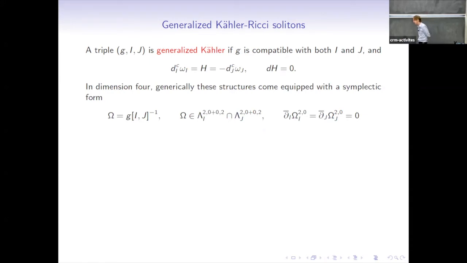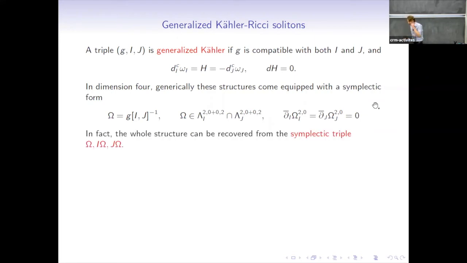Yuri mentioned that the Poisson tensor is the more fundamental object, but I'll just ask that it be invertible and look at its inverse, called big omega, which is g times the inverse of the commutator of I and J. It turns out that it's type (2,0)+(0,2) with respect to both I and J, and it's holomorphic: the I(2,0) part is I-holomorphic, and the J(2,0) part is J-holomorphic.